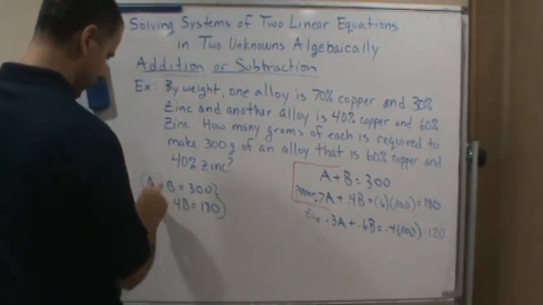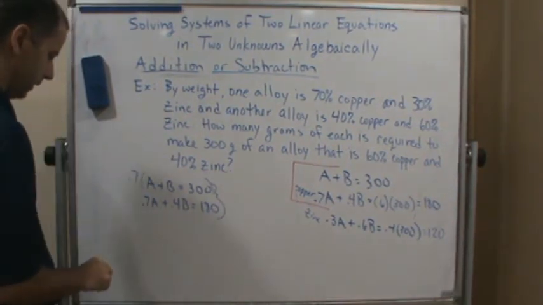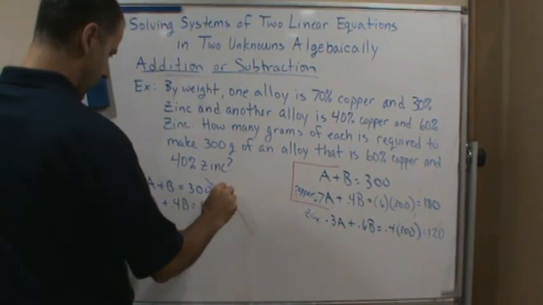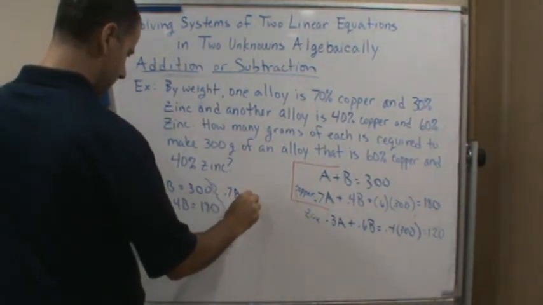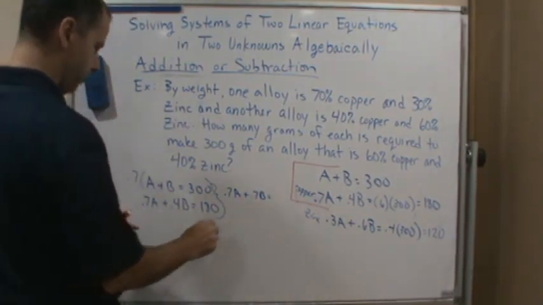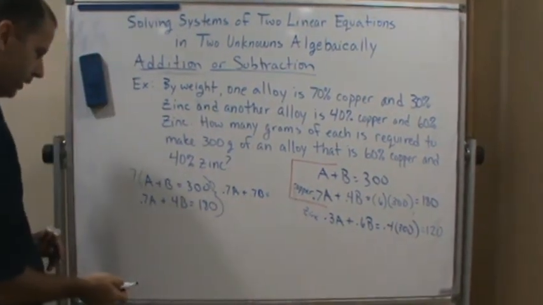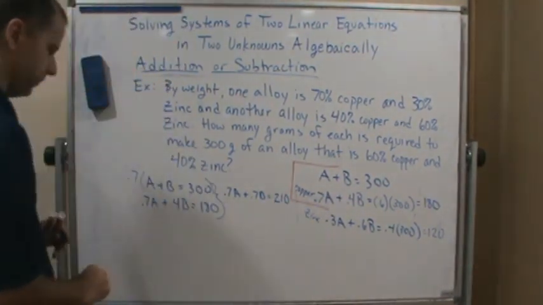If I multiply by 0.7, I'm going to get 0.7A plus 0.7B equals 0.7 times 300, which is 210.